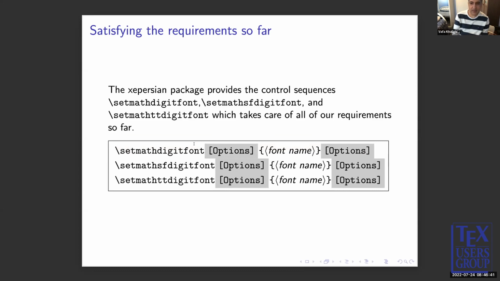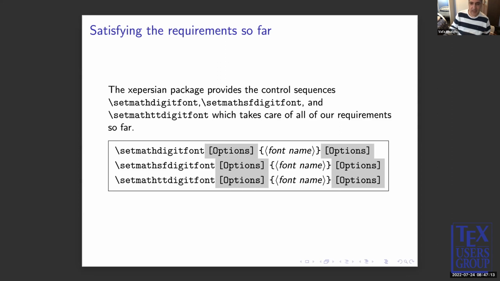The main package used widely in Iranian academia for typesetting mathematics is the XePersian package, and it provides three control sequences: set math digit font, set math SF digit font, and set math TT digit font, which take care of all the requirements I have been talking about so far.